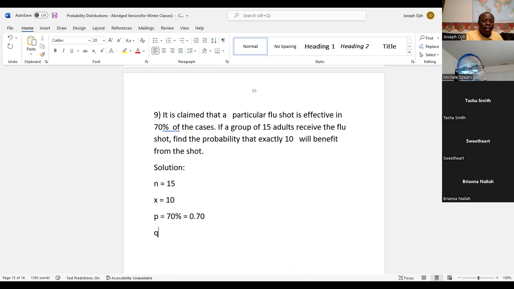And our Q, as usual, is 1 minus P, which is 1 minus 0.7. If you use a calculator, my calculator is always playing games with me. I don't know why, but it always does that. Okay, let me see if I can find it. I'm not seeing your screen, we are seeing you. Yeah, I'm looking for the calculator. Wherever it is hiding, I must find it this time.